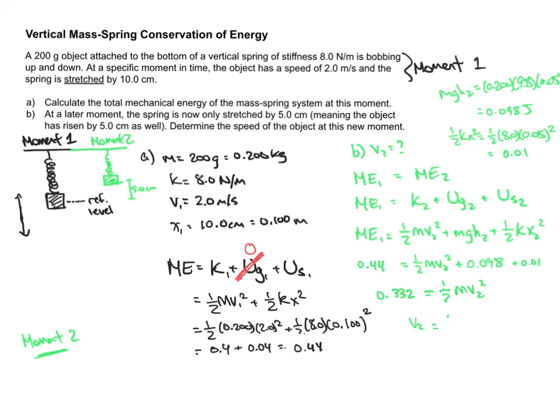I'll multiply by 2, divide by the mass, square root the whole thing. The mass, I can substitute 0.200 in there and calculate that out, leaving me with 1.8 meters per second.